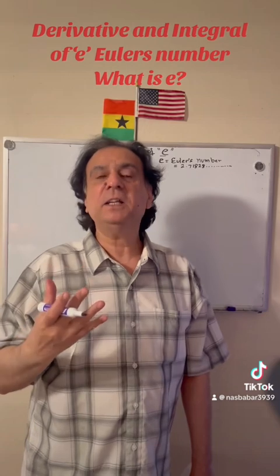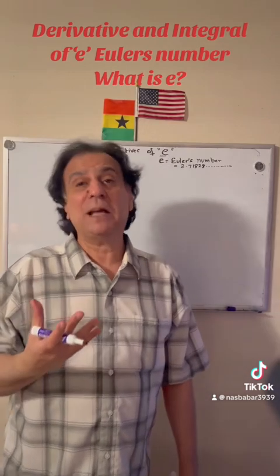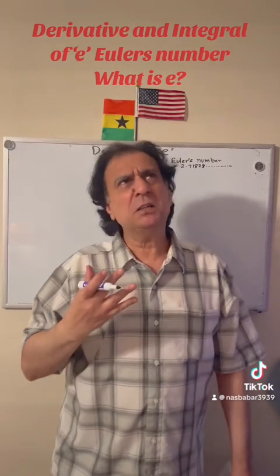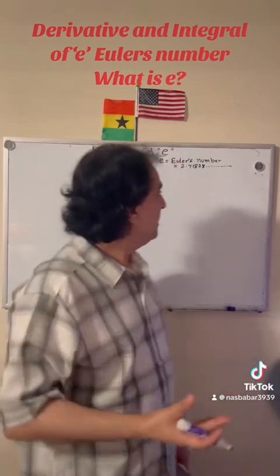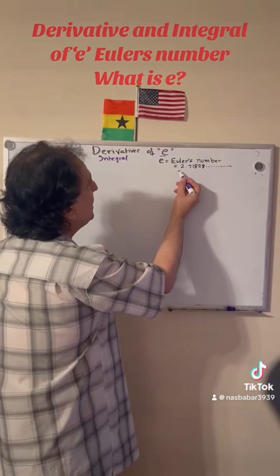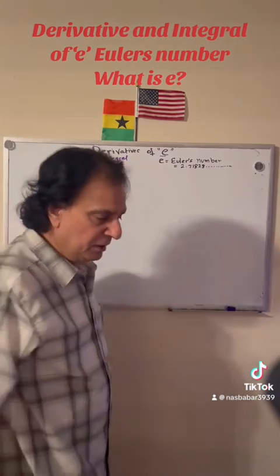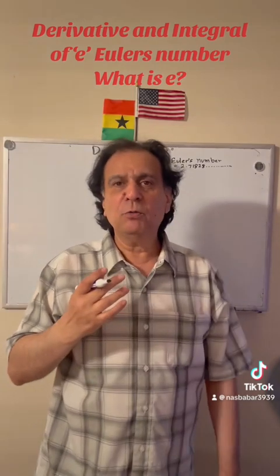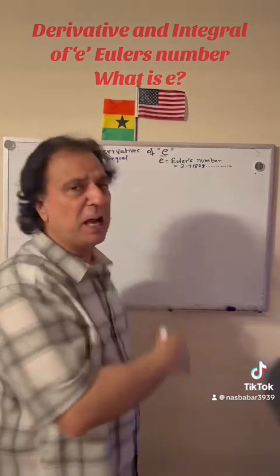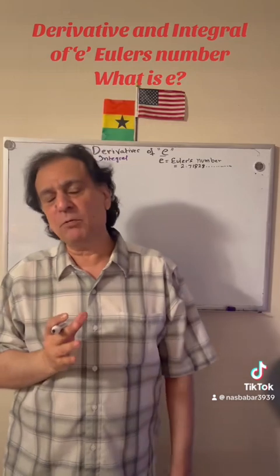There was a mathematician, his name was Jacob Leonard, I think, and in the 17th century, he came up with this number called Euler's number. So I think it's important that I talk about what Euler's number is before we dive into the derivative and integral of e.